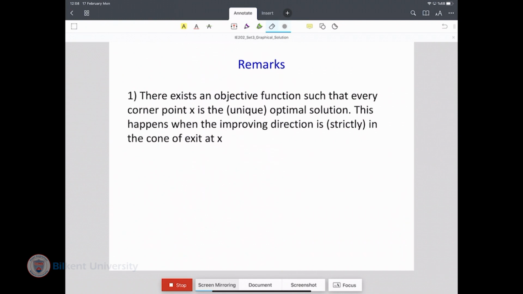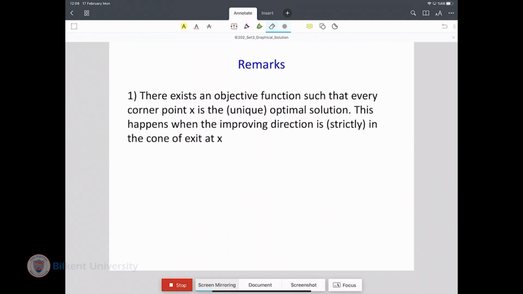Now these remarks remind me of the exam questions we had last year, right? There exists an objective function such that every corner point is the unique optimum solution, right? I was giving you a region and I was asking, give me an objective function so that this problem becomes unbounded, this problem becomes infeasible, and so on.